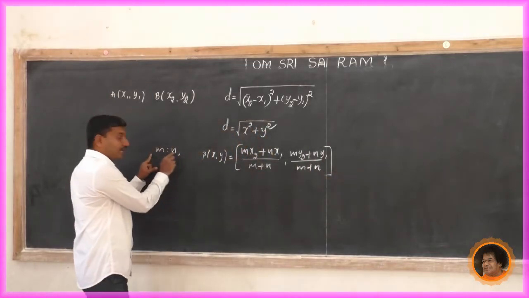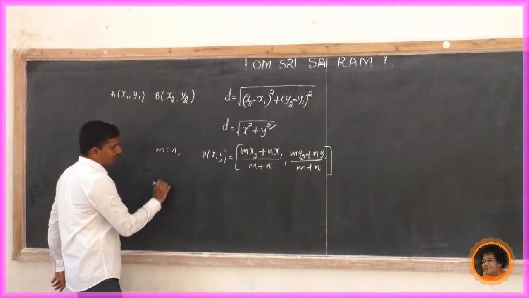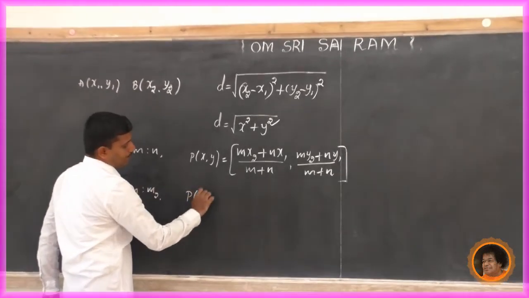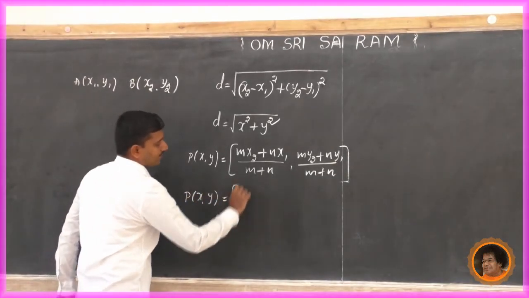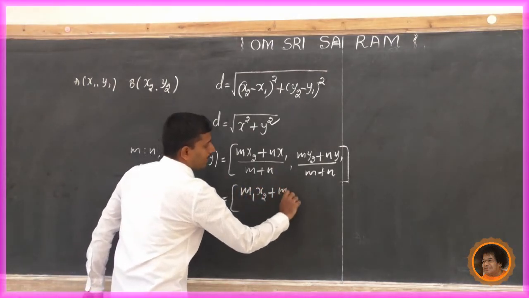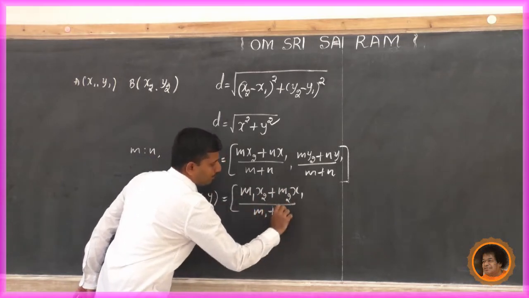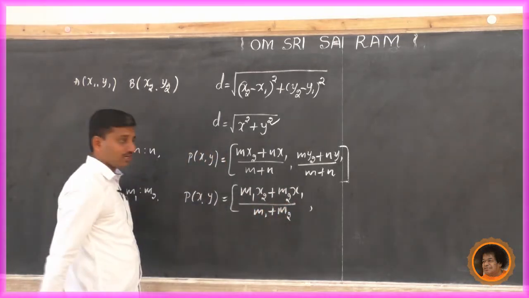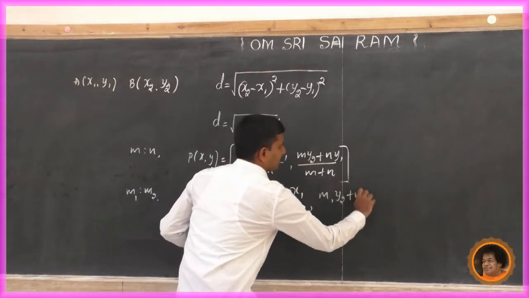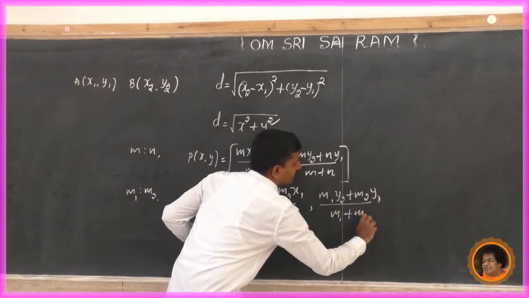In your textbook, the ratio is given as m1 is to m2, then the formula becomes P of x comma y equal to (m1 x2 plus m2 x1) divided by (m1 plus m2), comma (m1 y2 plus m2 y1) divided by (m1 plus m2).